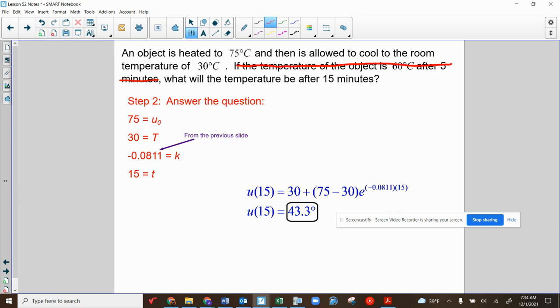I used that in order to get what the cooling rate was, but I don't need that anymore. Now I would have initial temperature of 75, room temperature 30 degrees, my cooling rate that we got from the previous slide, and now my time is going to be 15 minutes. So I would take all of that, plug that into the formula right here, solve for U of 15. So if you plug that into the calculator, you will get approximately 43.3 degrees.